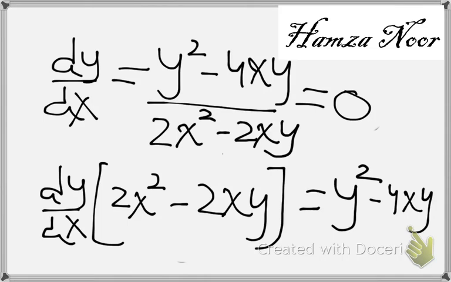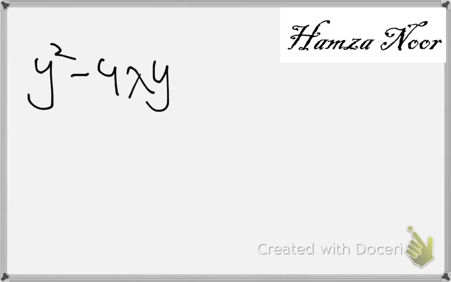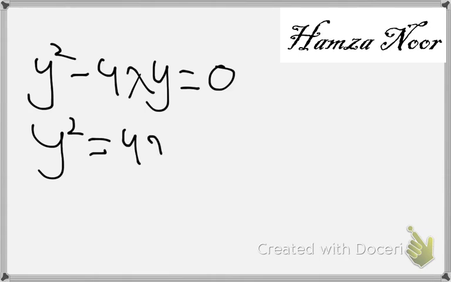So the whole denominator is removed, and y² is equal to 4xy. We have obtained it like this: y² − 4xy is equal to 0, and therefore y² is equal to 4xy.